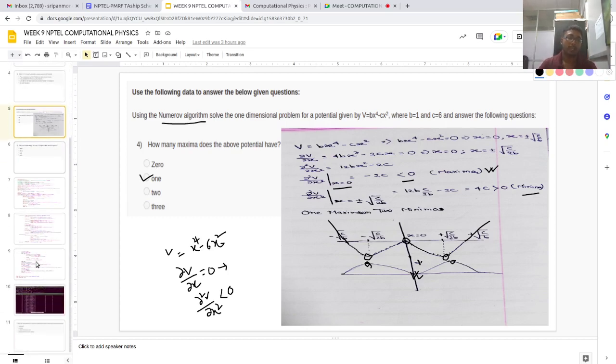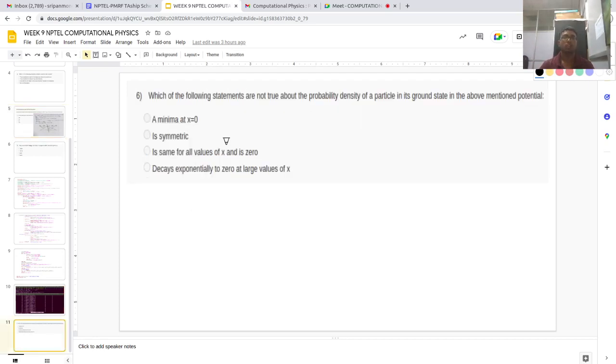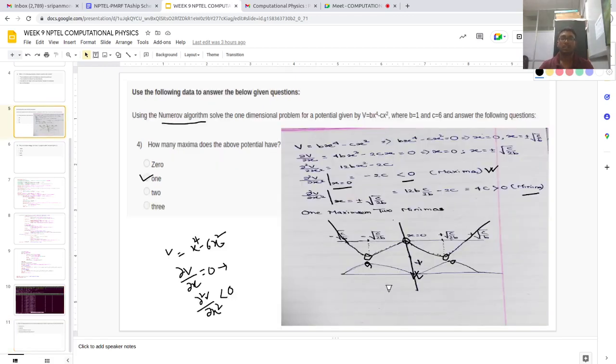Before moving on to the next question, we have another question on the nature of the wave function. That is the last question. Which of the following statements are not true about the probability density of a particle in its ground state in the above mentioned potential? We already have the picture depicted here. It will have a minima at x equals 0.